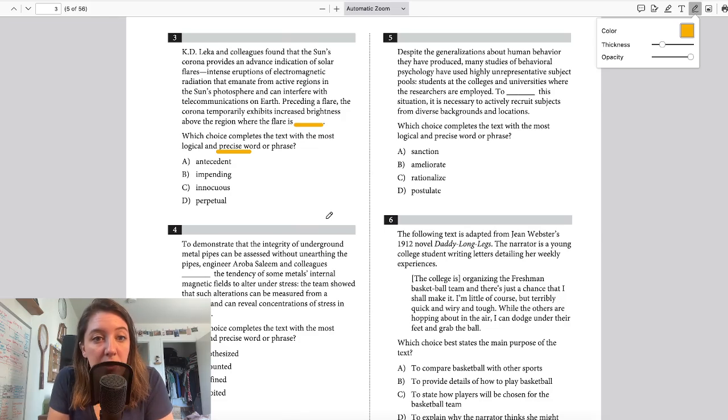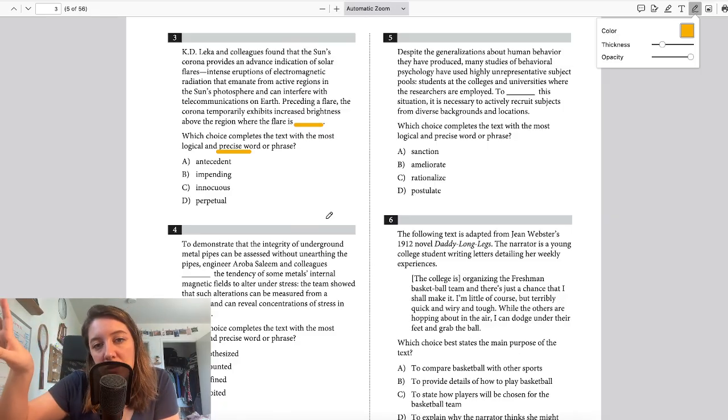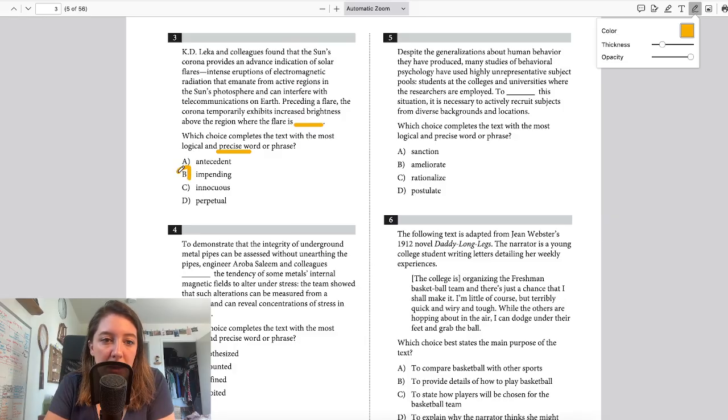Preceding a flare, the corona temporarily exhibits increased brightness above the region where the flare is blank. Okay, so we know that this is preceding a flare, right? So it's giving us a signal to say, hey, the flare is about to happen, right? So this one is impending.